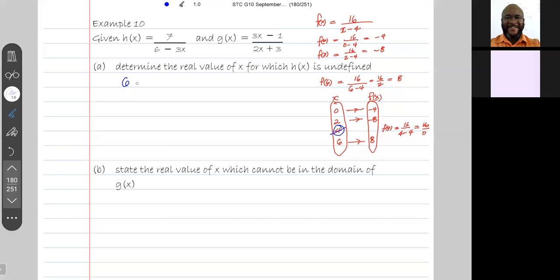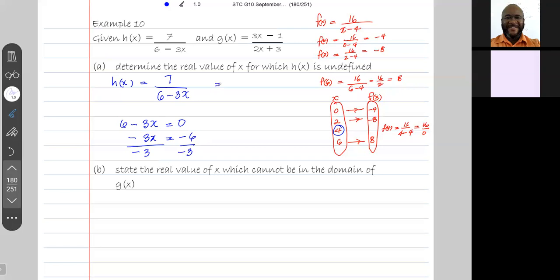So we have h of x is equal to 7 over 6 minus 3x. You're going to put the denominator, which is 6 minus 3x, equal to 0 and solve the equation. You're going to get minus 3x is equal to minus 6. Divide both sides by minus 3.